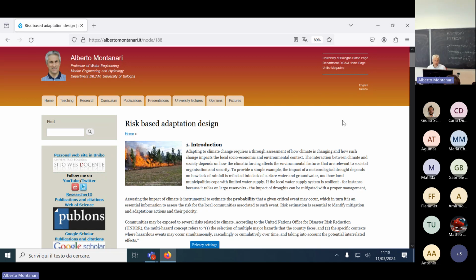And given that we deal with climate change, this is the usual way that is followed. So climate change, you know, is frequently discussed for the risks that may come from climate change. And these risks are, most of them, delivered by the so-called natural hazards.